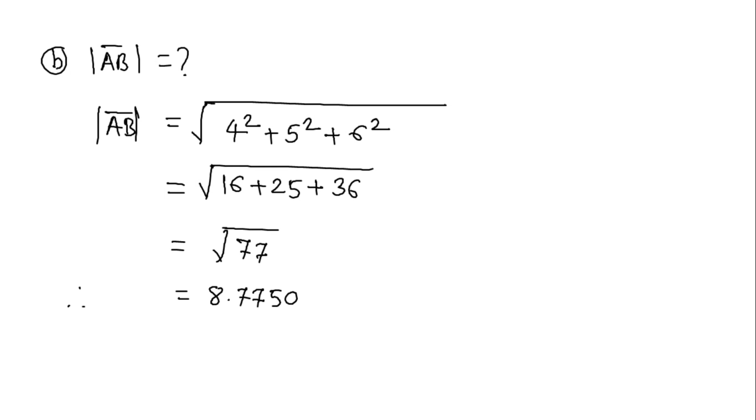So we have found the vector AB bar as the solution to part A of the question. The magnitude of the same vector is the solution to part B, and that magnitude is equal to 8.7750. So this is the answer for part B. Now we shall move on to the solution for part C.